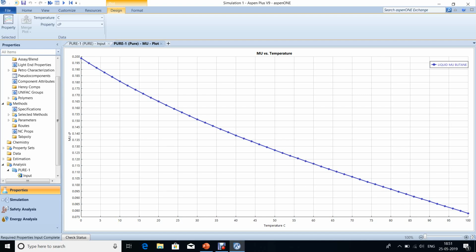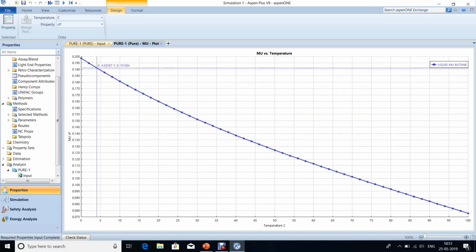So we can easily see that when the temperature was low, the viscosity was high, and as temperature is increasing, from an understanding perspective, the fluid is becoming thinner, and because of that the viscosity is reducing, right? Now at any point I can click on show tracker, and I can have the value of any point like this.